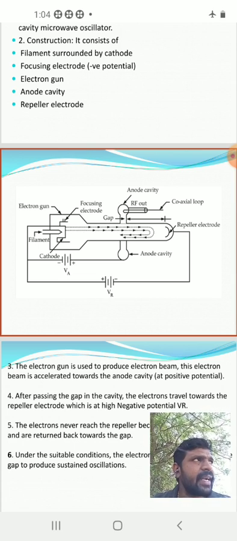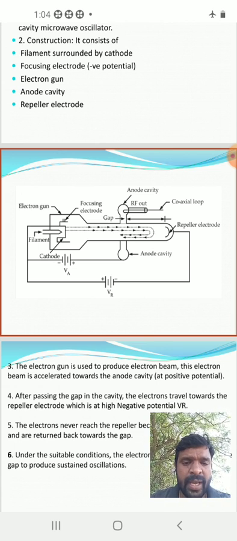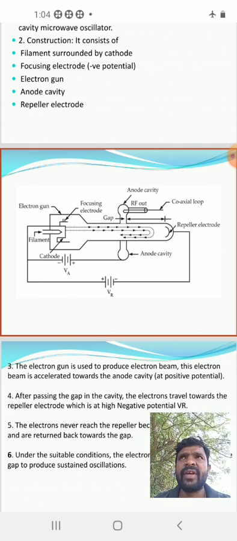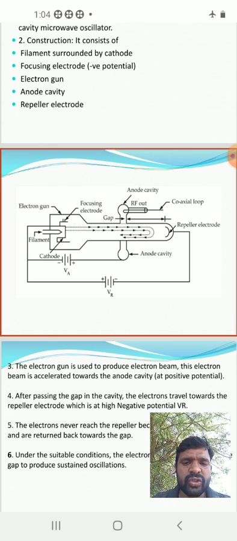At the right side of the vacuum tube exists the repeller electrode, which is also at a negative voltage, but compared to the electron gun or cathode, the repeller electrode potential is very high. So the repeller electrode is at a very high negative potential compared to the cathode potential, and the anode cavity is taken as positive potential.